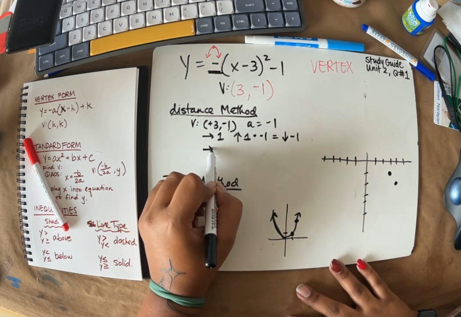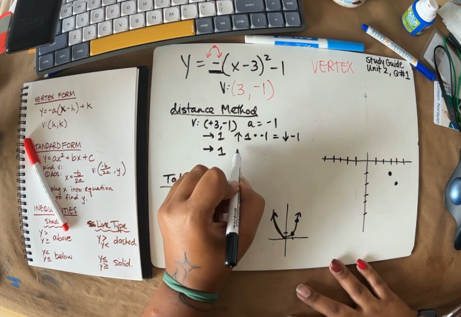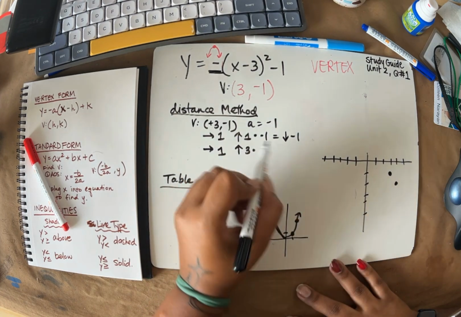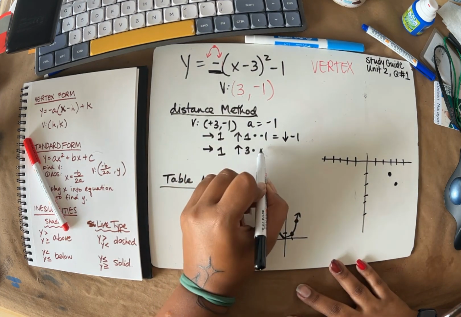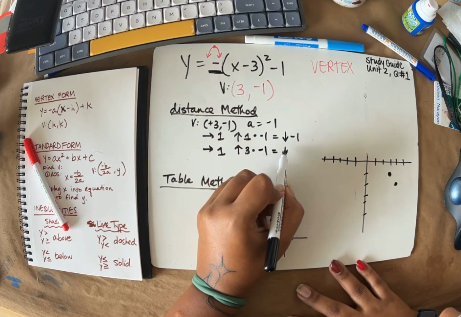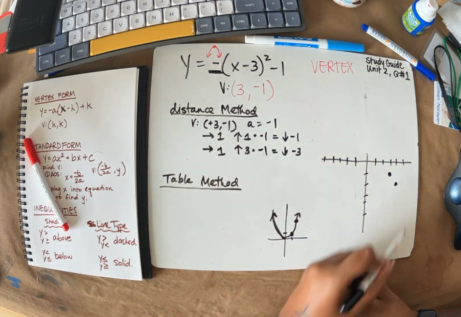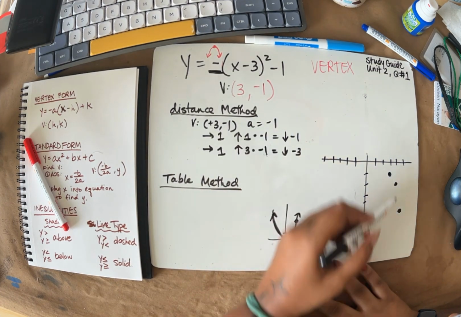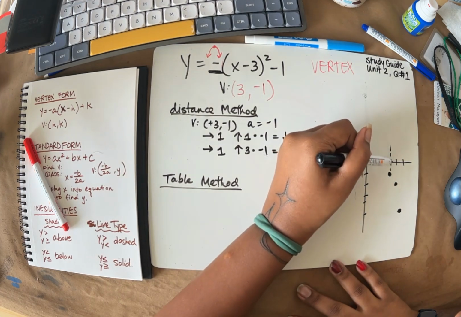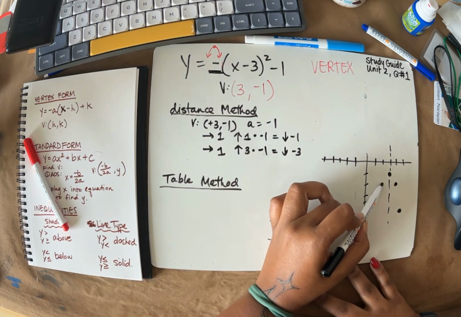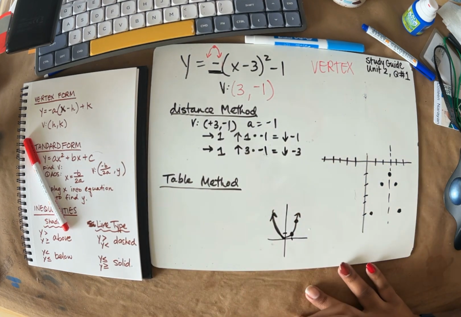From this point, I go right 1 and then usually it would be multiplied by 3. And then we multiply our a value of -1. That means I'm going downward 3 units. So I'm going to go right and then down 3 units. And then we know that it is symmetrical across my axis of symmetry. So on the other side, it does that.